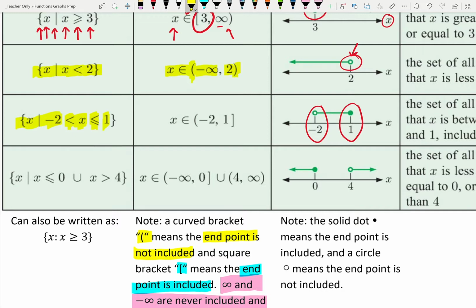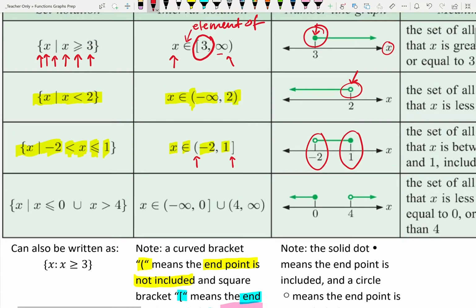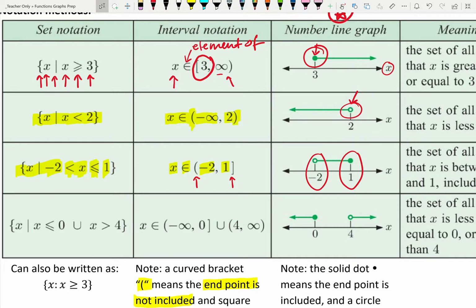Using interval notation, x is an element of the set not including negative 2 up to and including 1. So careful with the brackets. I think the reason that I like set notation rather than interval notation is that in set notation, you really read the notation as you go, whereas the interval notation doesn't read quite as nicely.